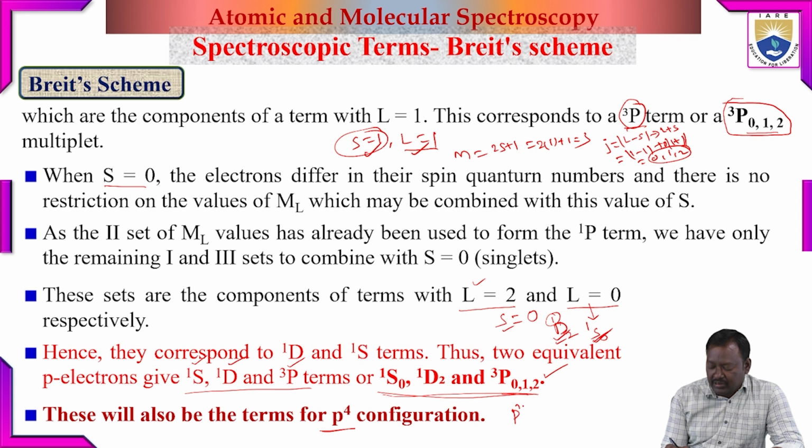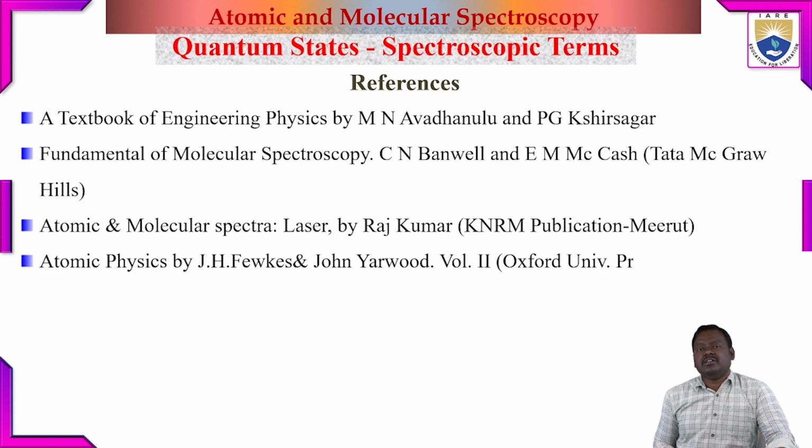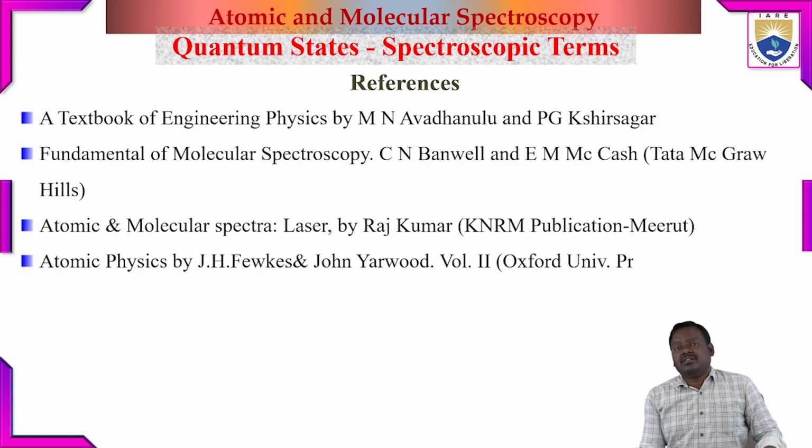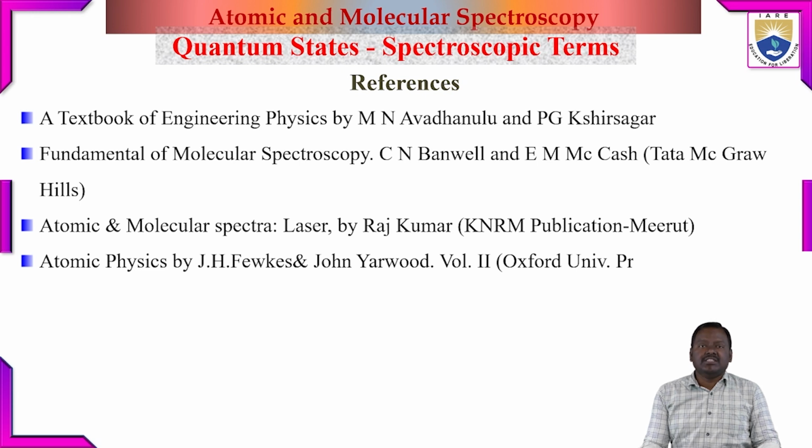So p2 and p4 both have the same spectral terms. So this is the procedure to find out the spectral terms following the Breit scheme. In the next lecture, we will see how to find out the spectral terms for two or more equivalent d electrons.